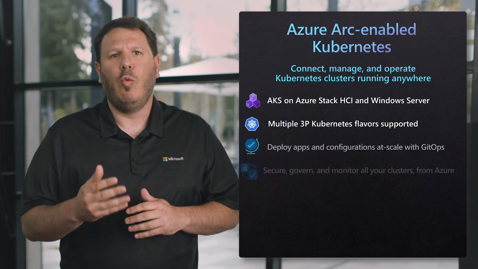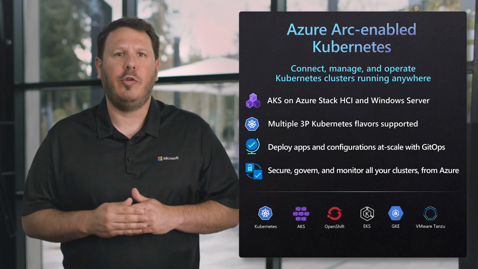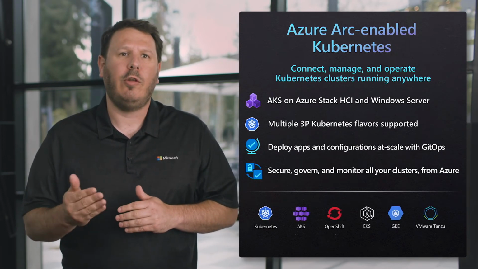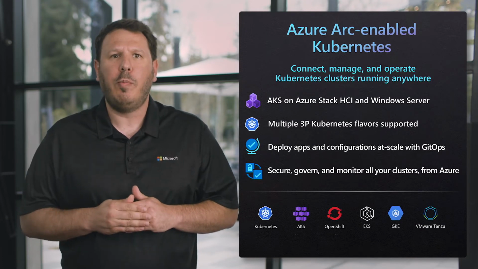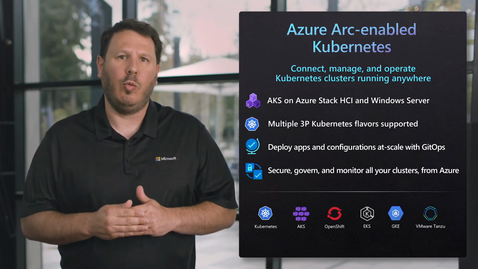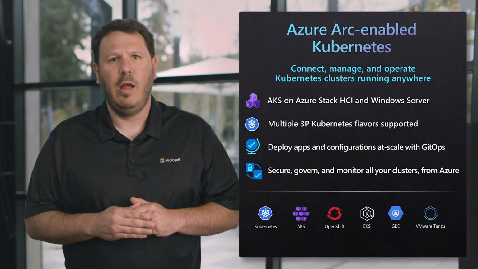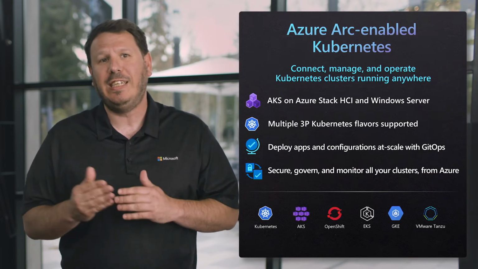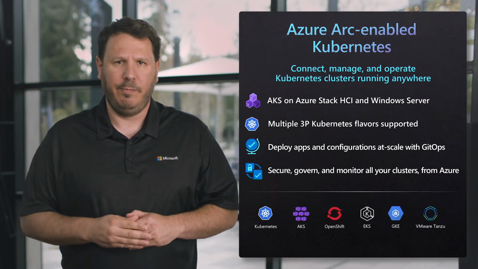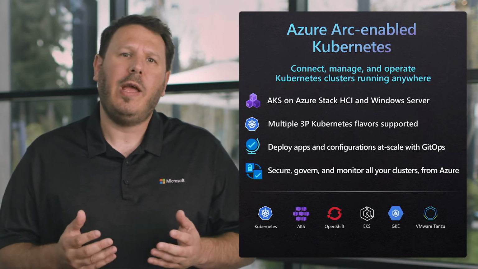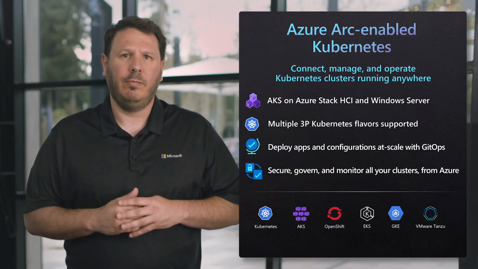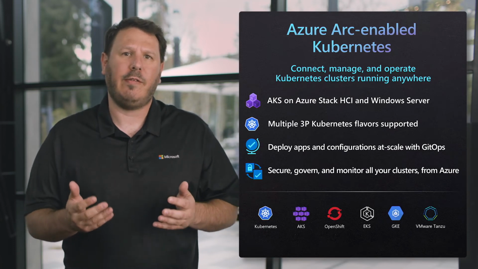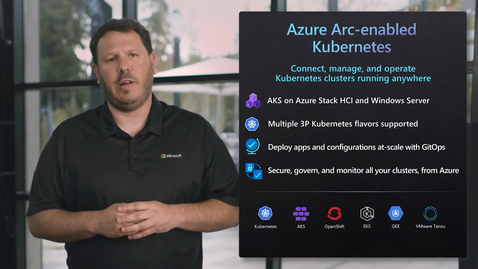With Azure Arc, we offer you a lot of flexibility based on your needs by supporting a wide range of Kubernetes distributions. For customers new to Kubernetes, we provide an end-to-end Kubernetes solution with AKS on Azure Stack HCI and on Windows Server, which is easy to deploy and keep up to date. We also understand that you may have existing Kubernetes clusters. You can connect these to Azure Arc too, and ensure single pane of glass management and security for these clusters.